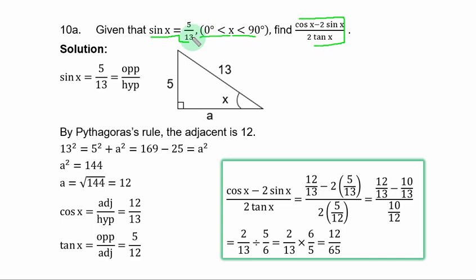Now, the given ratio sine is expressed as opposite over hypotenuse. Cosine is expressed as adjacent over hypotenuse, and tangent is expressed as opposite over adjacent. That means adjacent is needed.